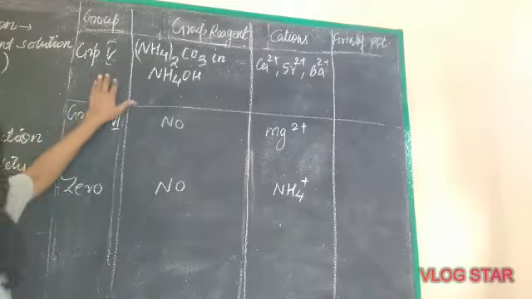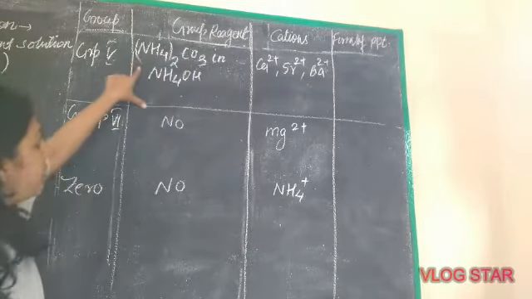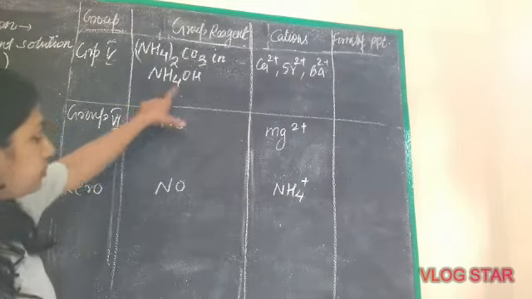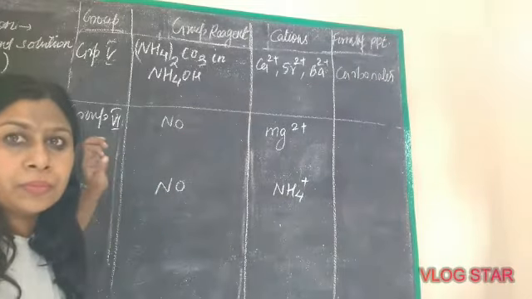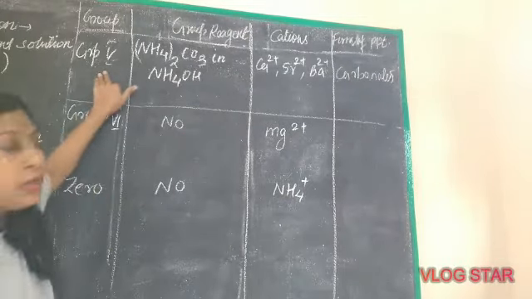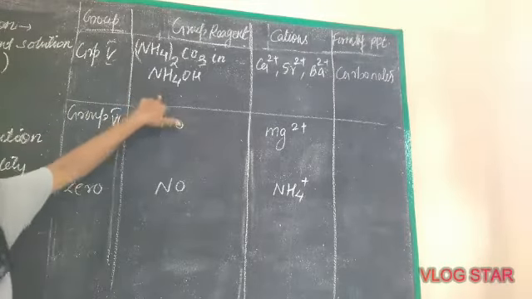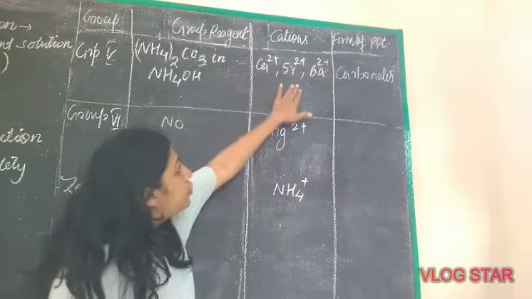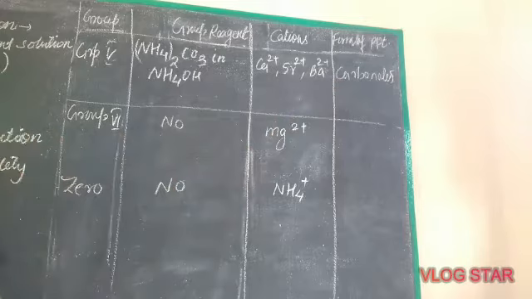Group 5, the group reagent is (NH4)2CO3, ammonium carbonate, in presence of ammonium hydroxide, and the cations are Ca2+, Sr2+, Ba2+, and they precipitate in form of carbonates.